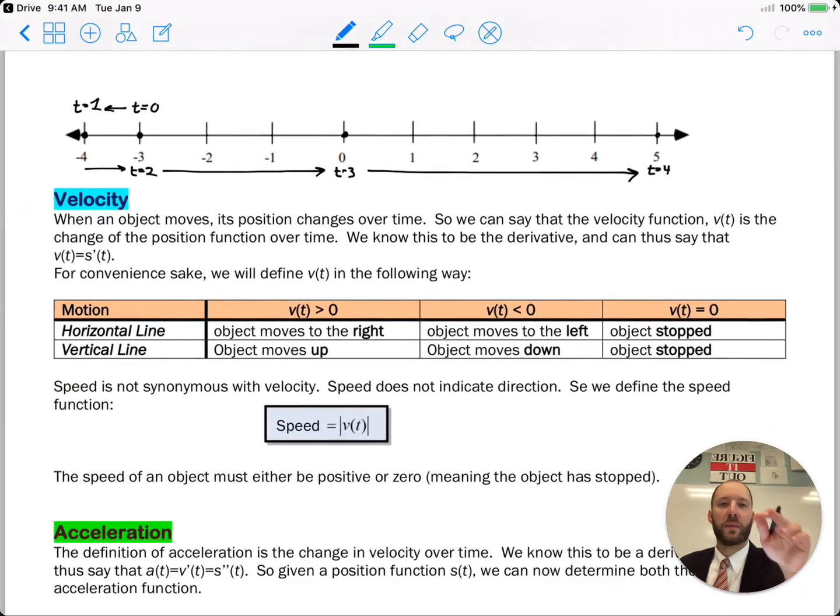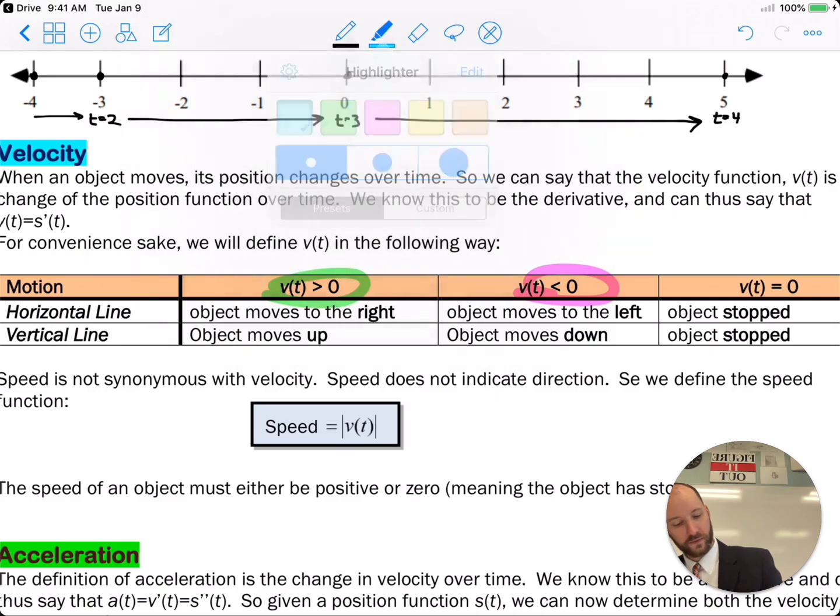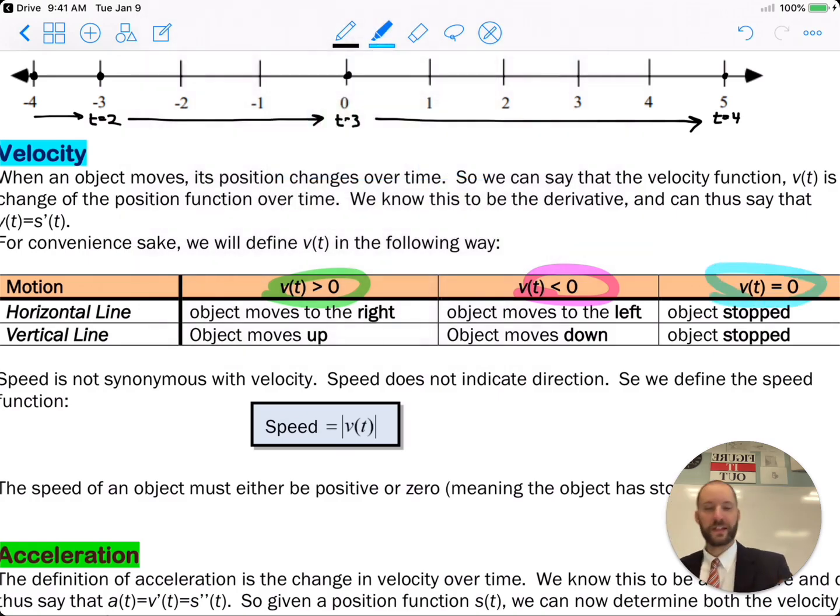So when you talk about an object's velocity, if our velocity is positive or negative or 0, you talk about it unique to the line you're on.